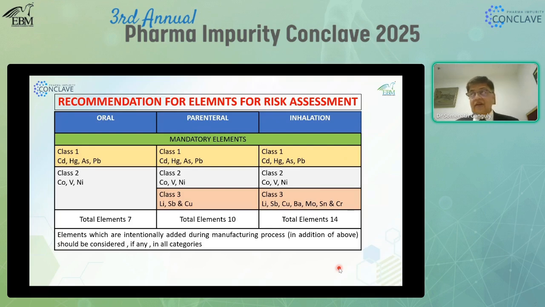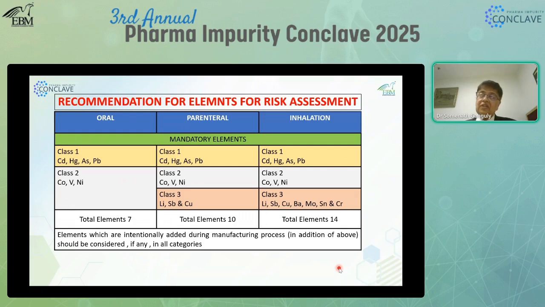Apart from that, in your API manufacturing process, if you intentionally add, suppose you are using a palladium catalyst, a nickel catalyst, a rhodium catalyst. A lot of catalysts are used in organic chemistry. In that case, for those elements you additionally have to show the control.